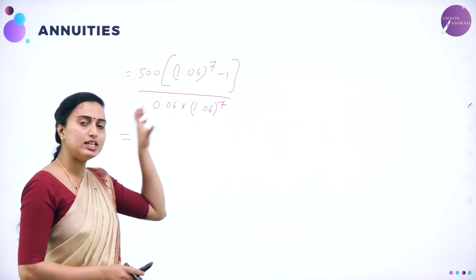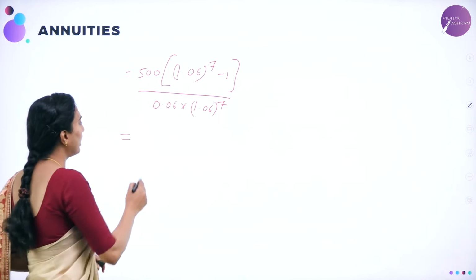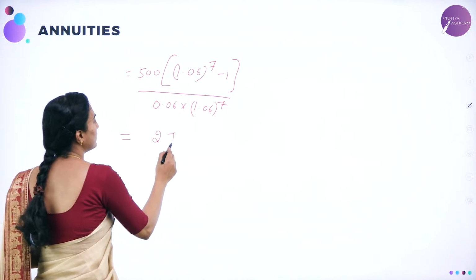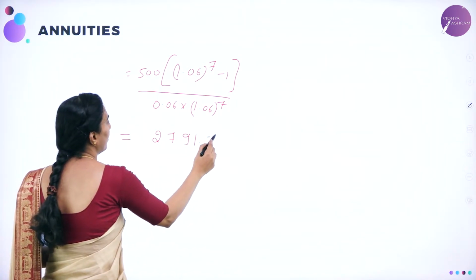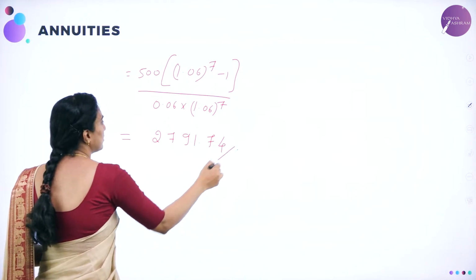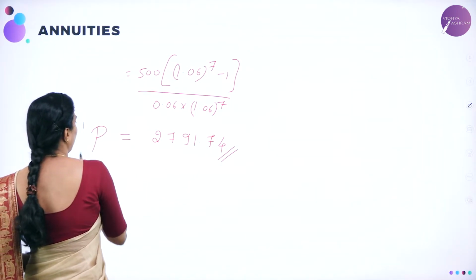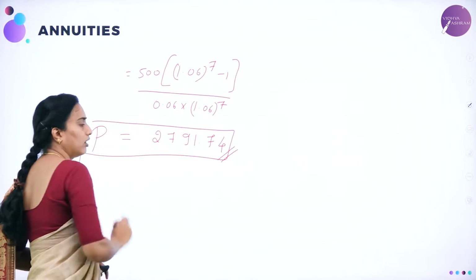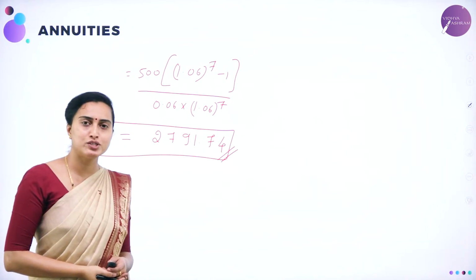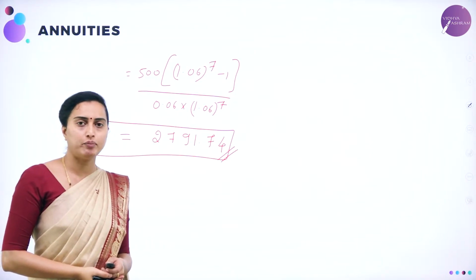After doing all this calculation, you are going to get the answer equal to 2791.74. So this is the present value. I hope you understood this one. We'll move on to the next problem, dears.